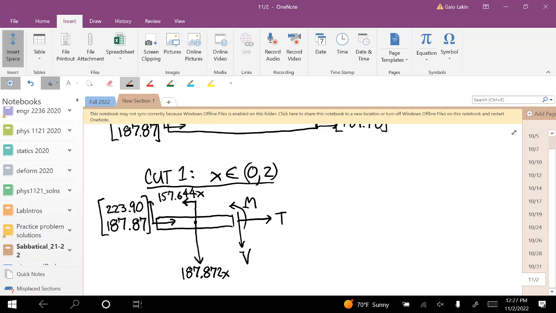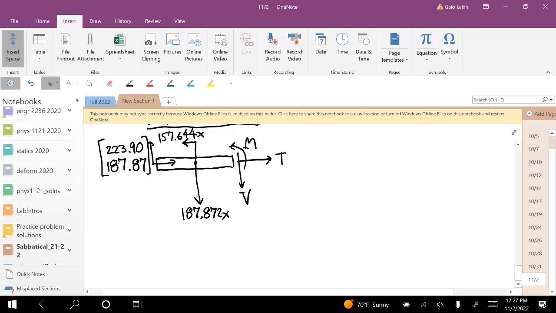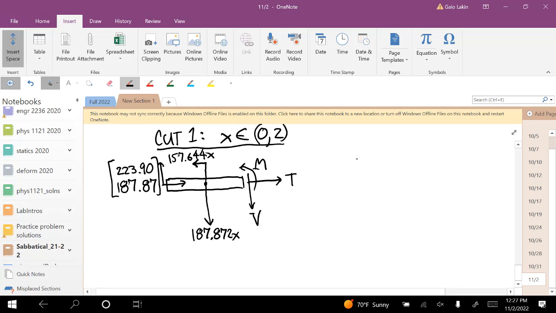And so now we just have to use Newton's laws. So 223.90, 187.87, plus, I'll put these in one vector.